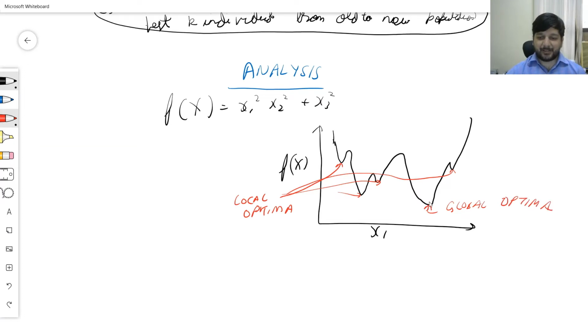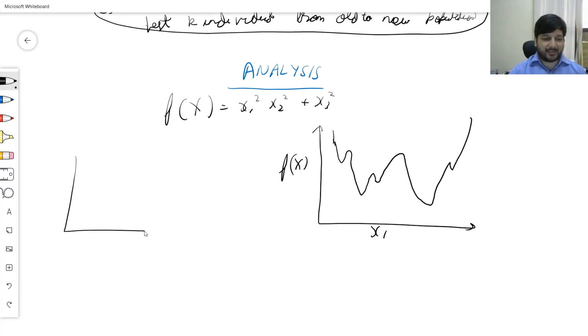So our problem is to get this solution, which is the one that has the lowest cost possible. And how do I do that is, of course, the exercise for me. Now, I can actually draw this thing in two variables as well to make it clear. So let this be x1 and let this be x2. Now I need to draw f(x), which will be the axis coming vertically outbound to the monitor, but if I use contours, then I can draw it up.